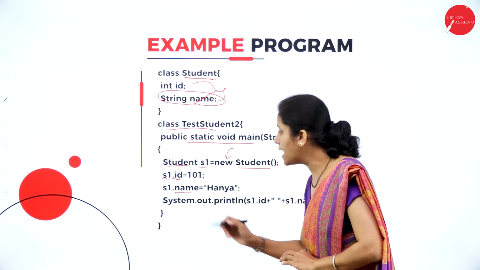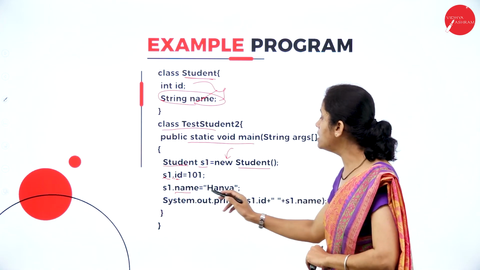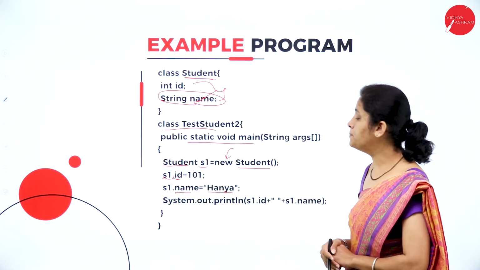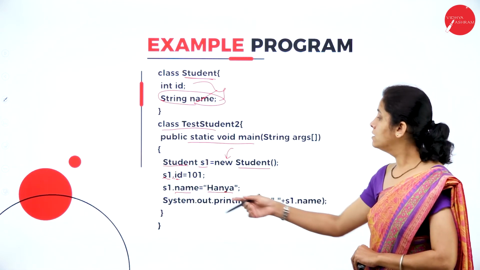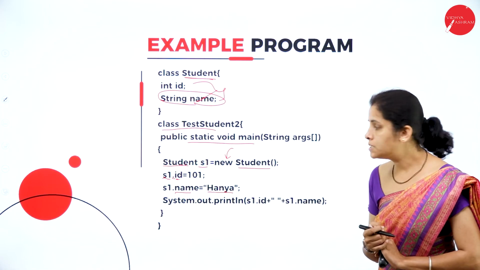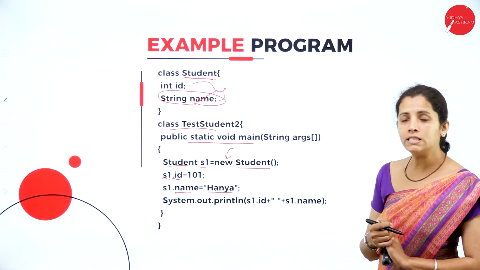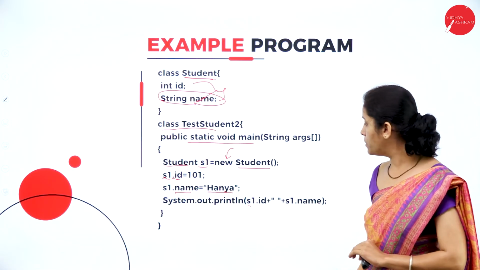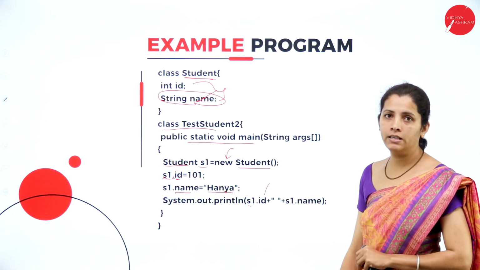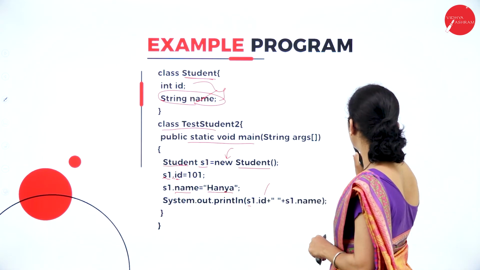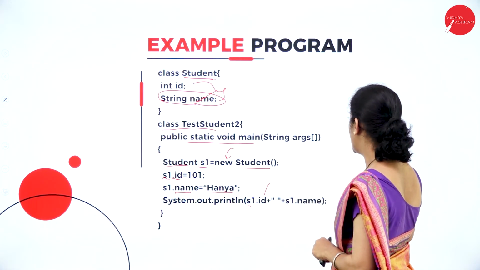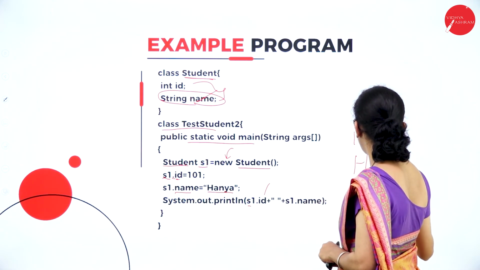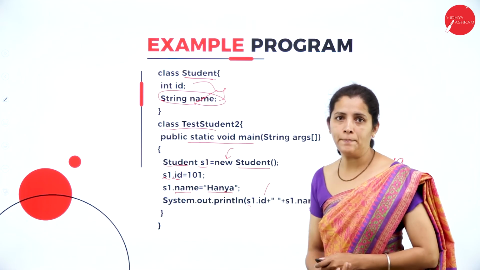Now I'm assigning the name, which is Hanya. Now I want to display ID and name, once again with the help of the object and dot operator along with the field name. And the output I get is 101 and Hanya. Okay, this is the output of this program.